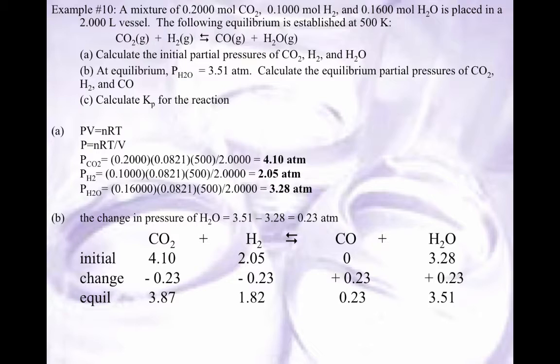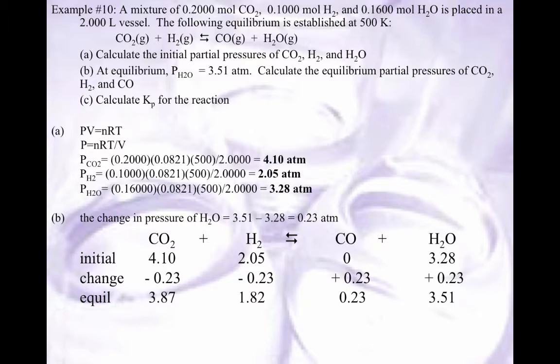So now we subtract everything for our reactants, you add for your products, and here are our equilibrium concentrations. Notice H2O is 3.51, which is what they tell us in part B. So now we've calculated the equilibrium partial pressures, and finally part C says calculate Kp.